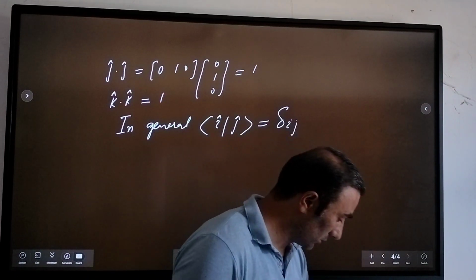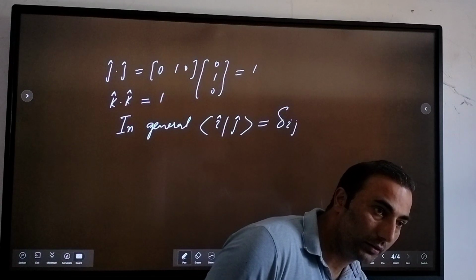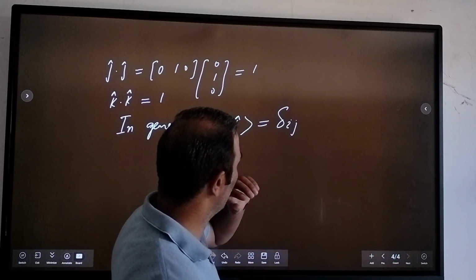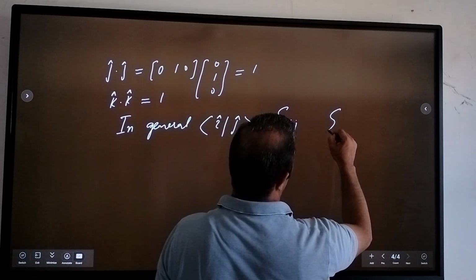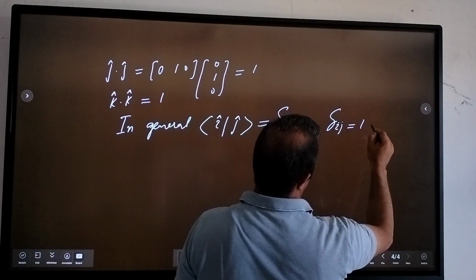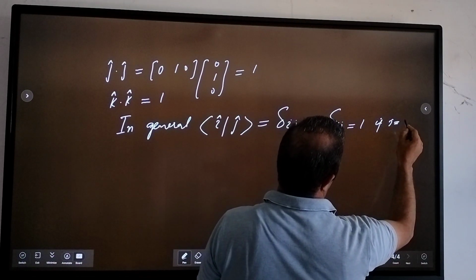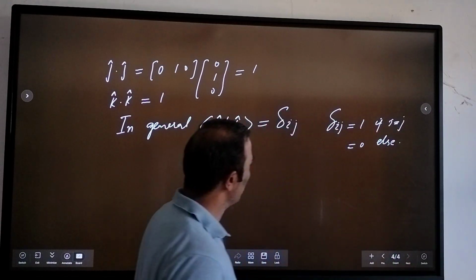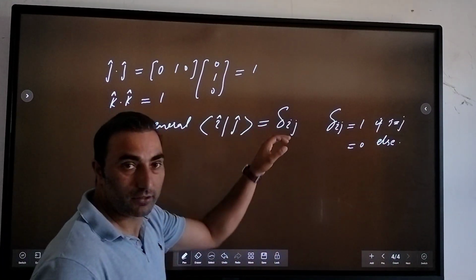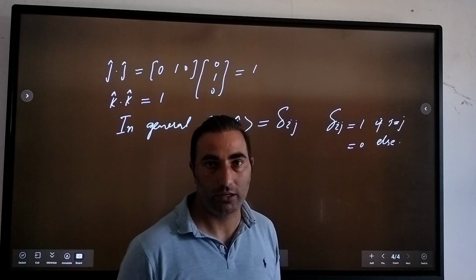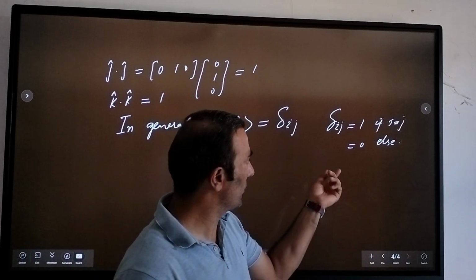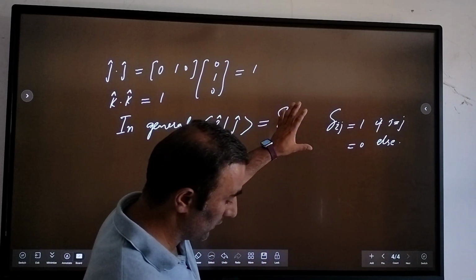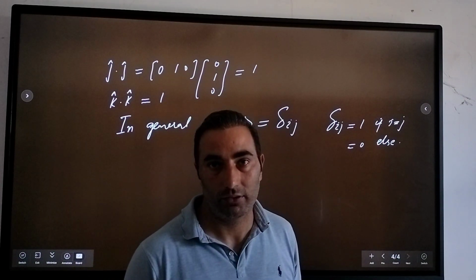This is the dot product of an orthonormal basis of column vectors. This delta ij equals 1 if i equals j. If you take i dot i, that's equal to 1, and similarly for j dot j and k dot k. And i dot j will be 0 if i is not equal to j. So that's clear. This is the dot product of this orthonormal basis in column vectors.